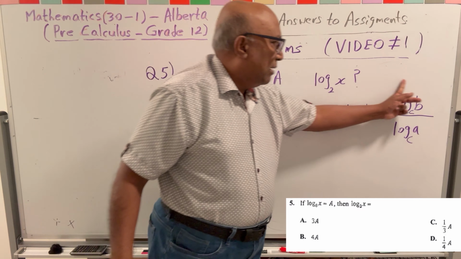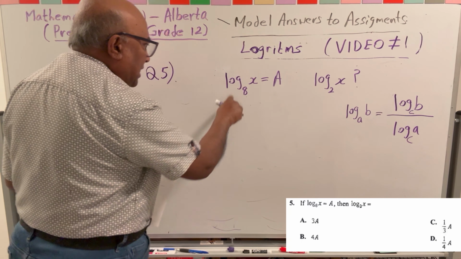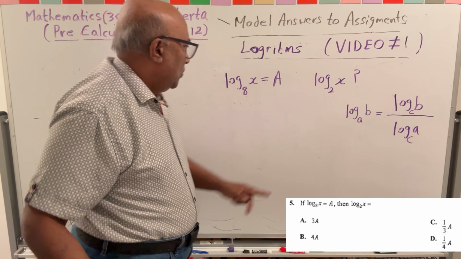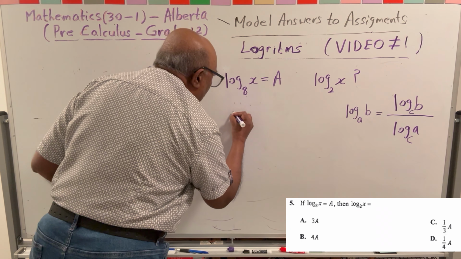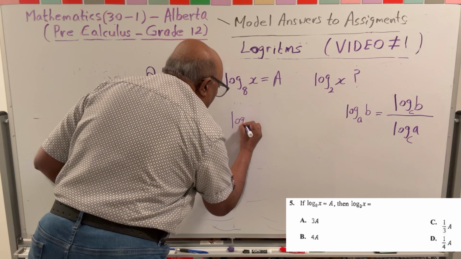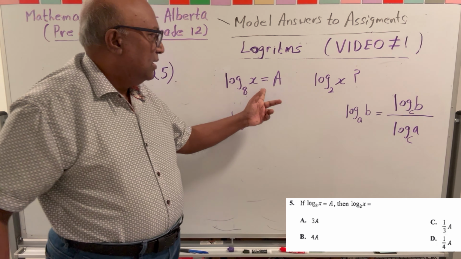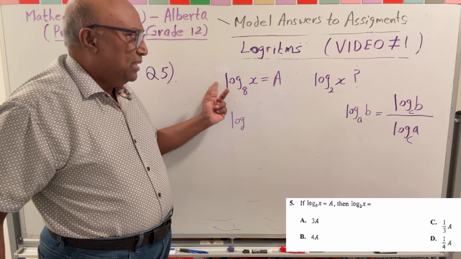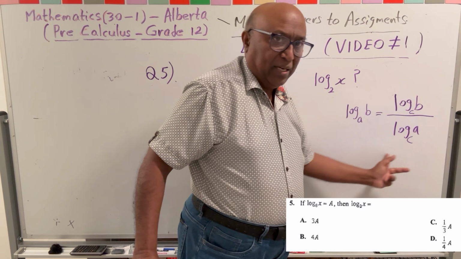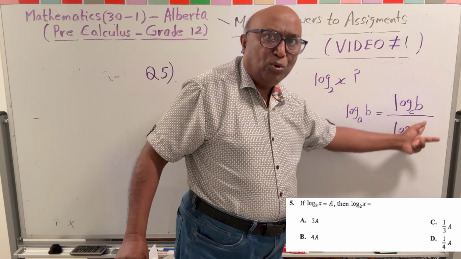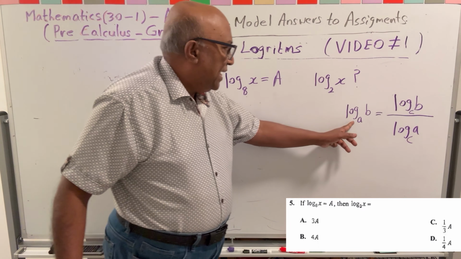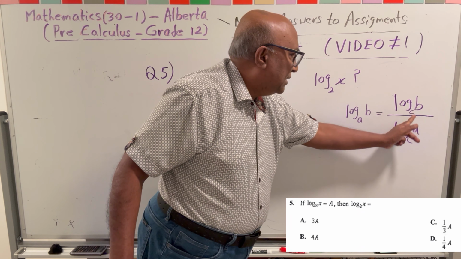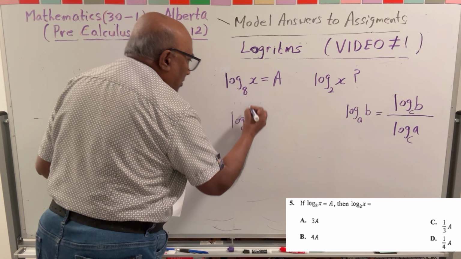Okay, let's apply this formula here. Now what bases do we have to relate? 8 and 2. Let's change this to 2. Please look at this carefully. Now I am going to rearrange this equation by applying this change of base formula: log base A of B equals log B upon log A with base C. Now, what is this?